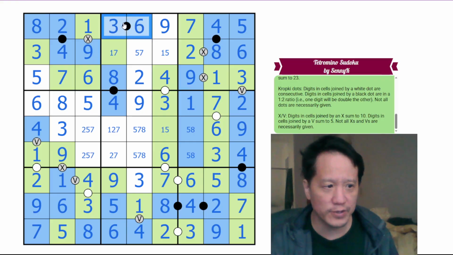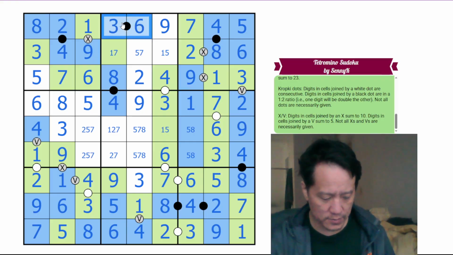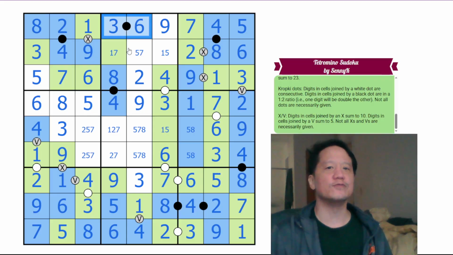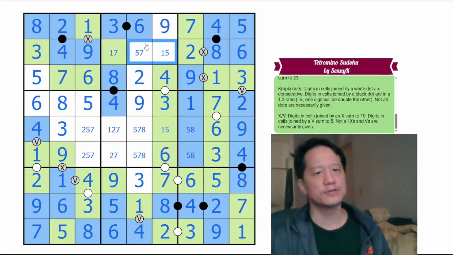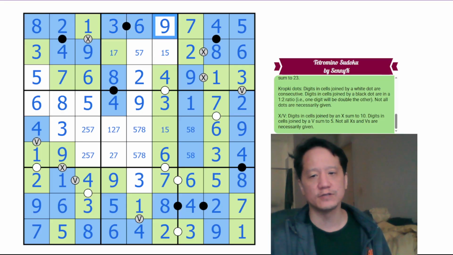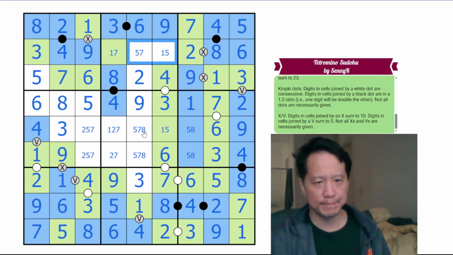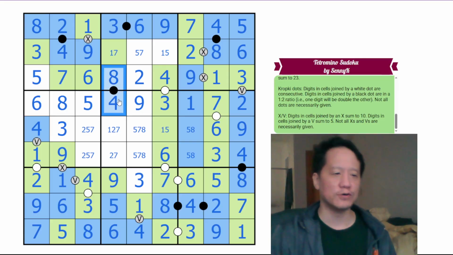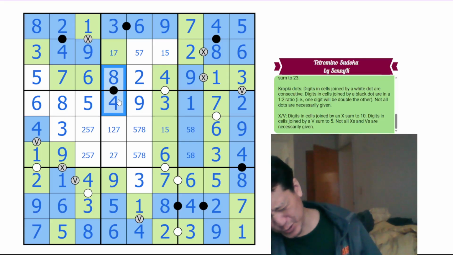Again, if you have 3 and 6, 23, so if we don't have a 9, 23 minus 9 is 14. With 3 and 6, it has to be 5 and 9, so 9 has to be here, and one of these is 5. 8 and 4 is 12, so the other two must add up to 11.